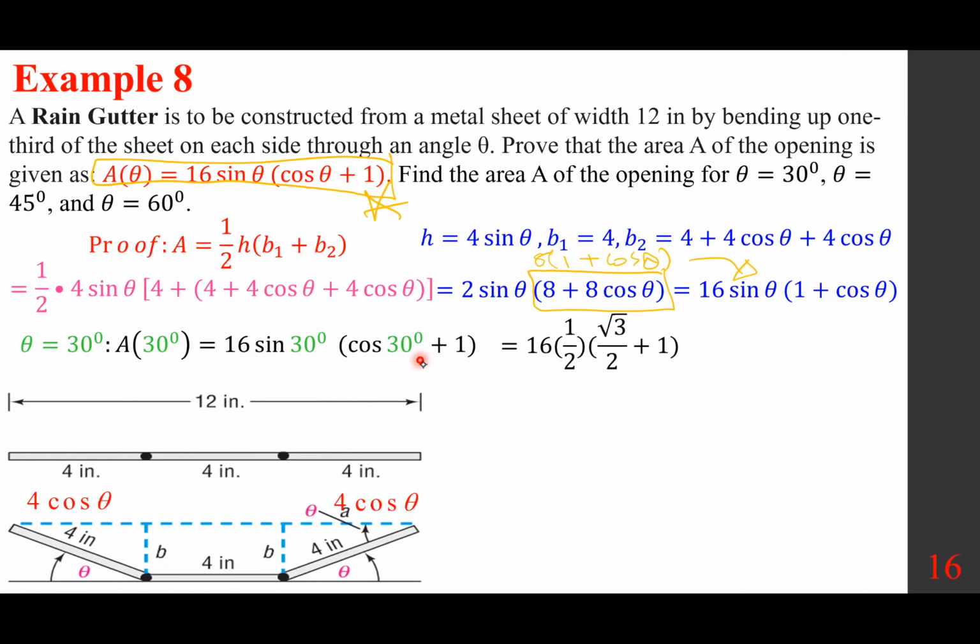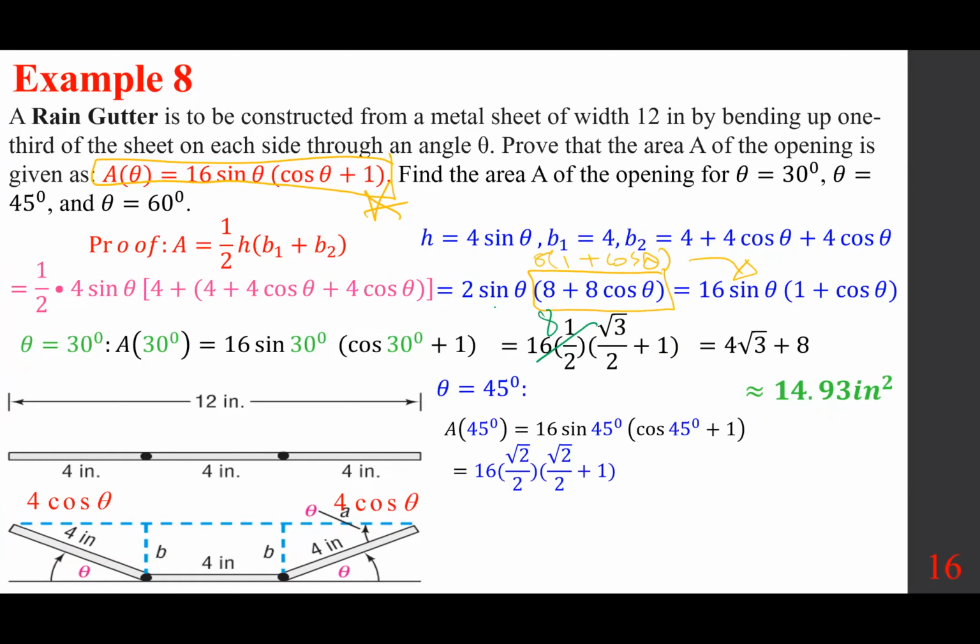In the case of 45 degrees, sine of 45 and cosine of 45 are both square root of 2 over 2. So this is 8 square root of 2 times square root of 2 over 2, which, believe it or not, becomes 8.